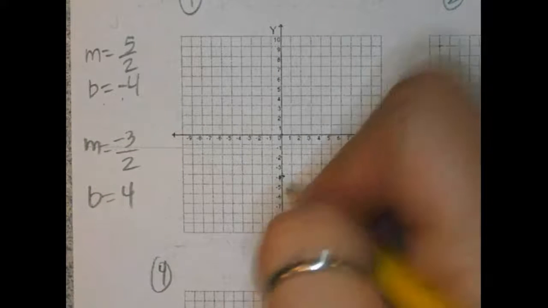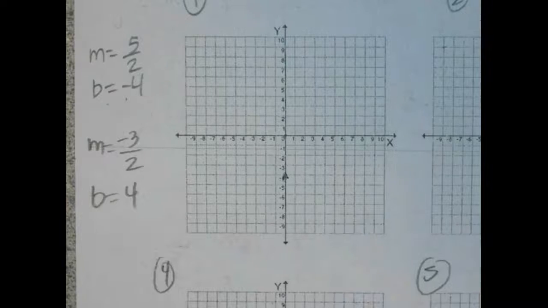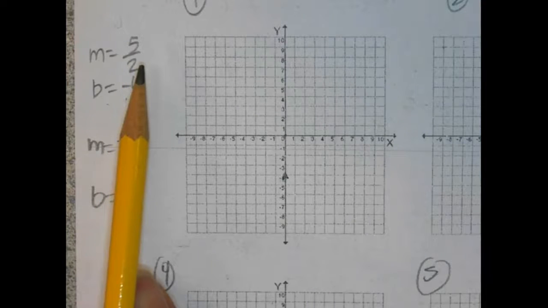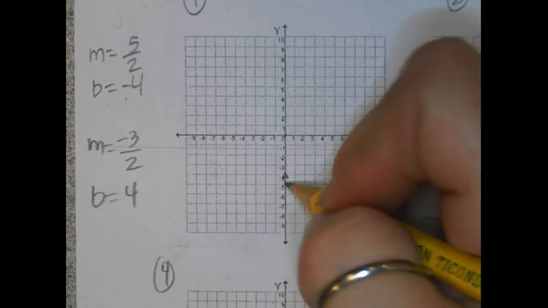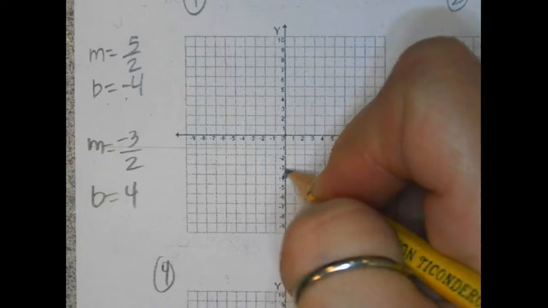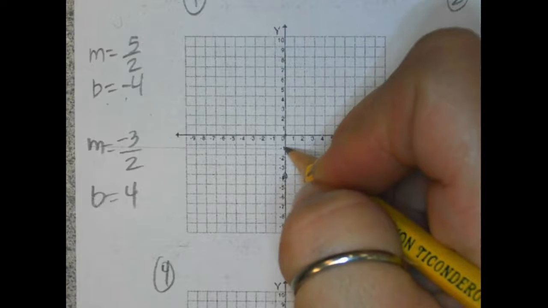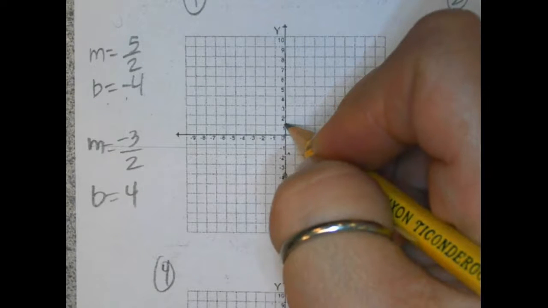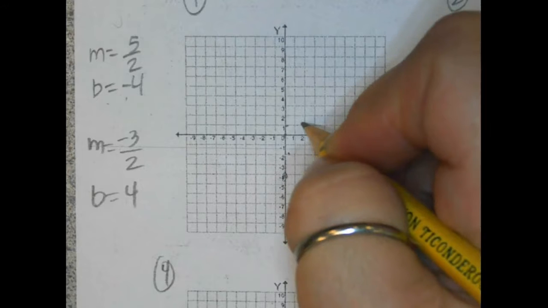There's my -4. And my slope is positive 5 over 2. So I'm going to go up, right? Because 5 is positive. Up 1, 2, 3, 4, 5. And then right 2. 1, 2.